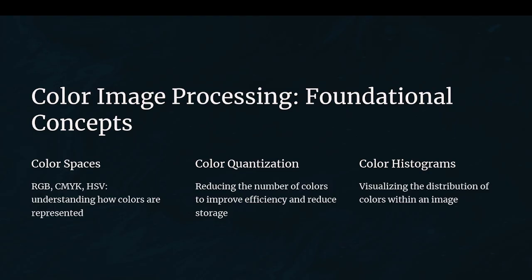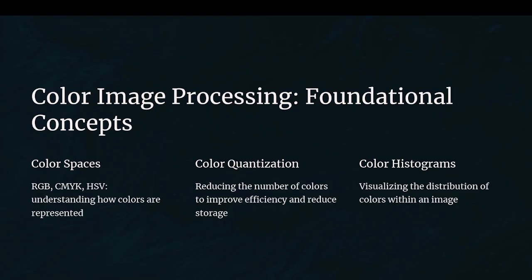This is more of a model for human perception. The hue represents the color type, saturation its intensity and value its brightness. Each color space serves a purpose, but choosing the right one depends upon the application.